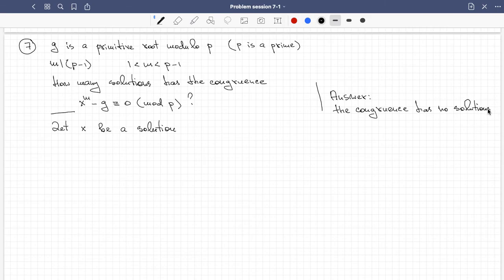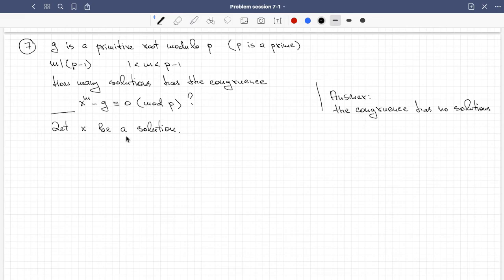So I assume that x is a solution, and I want to find a contradiction.